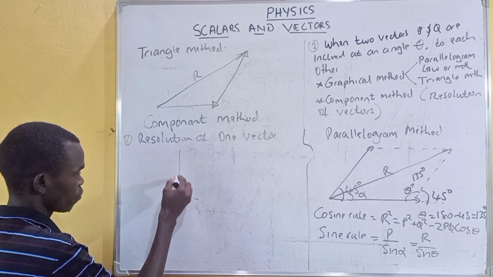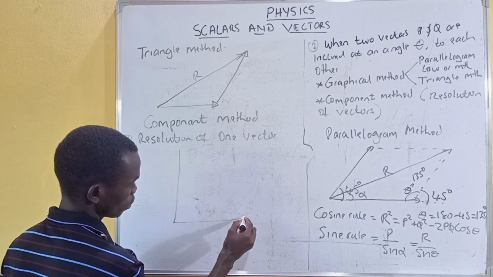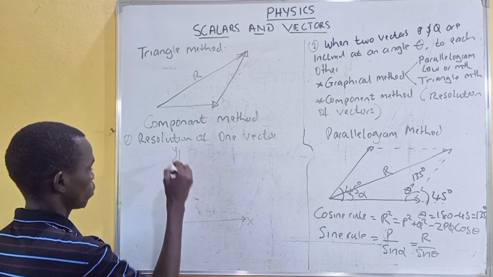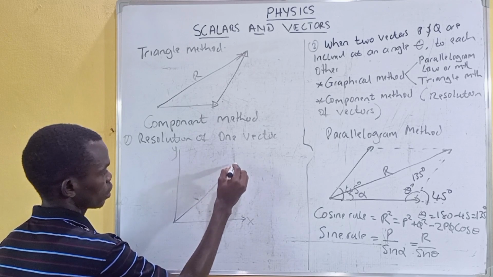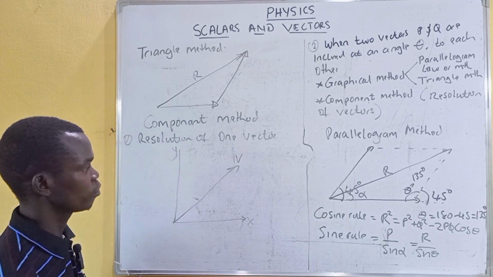This here is our vertical component, Y, and here is our horizontal component, X. So here is our vector. This is the resolution of one vector.